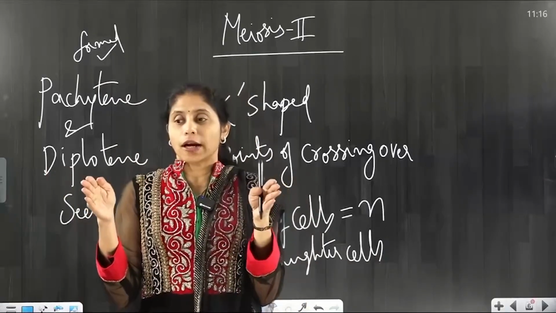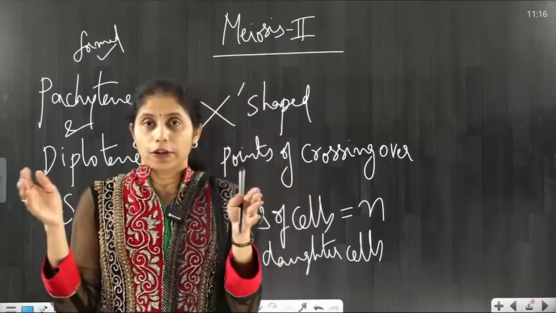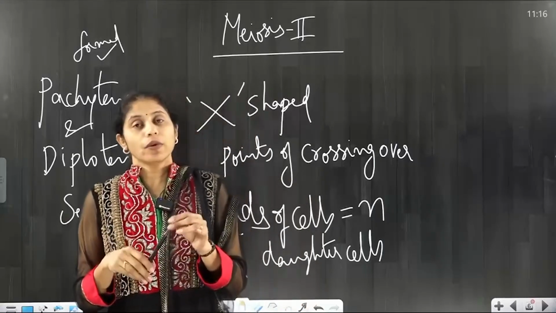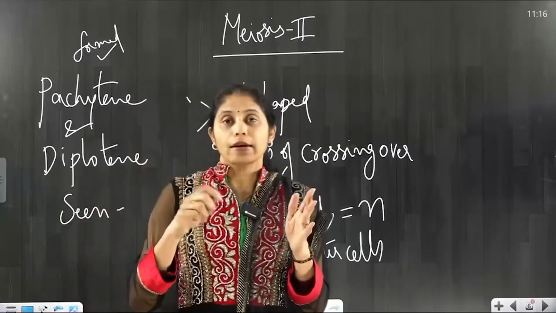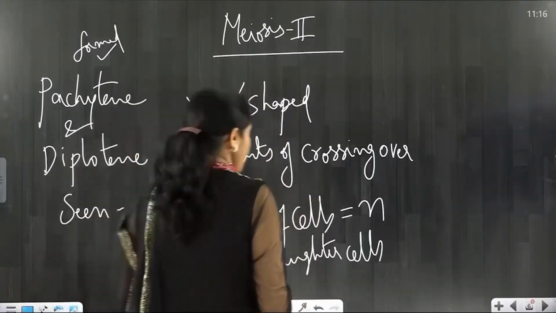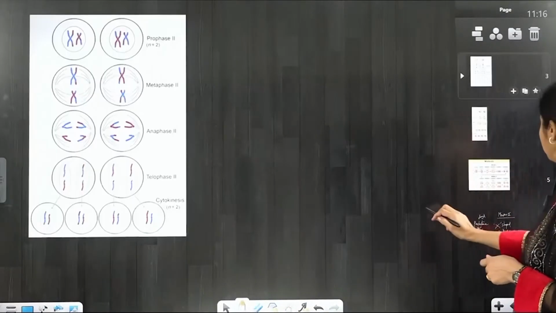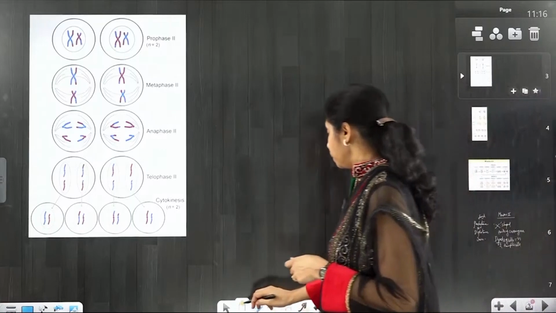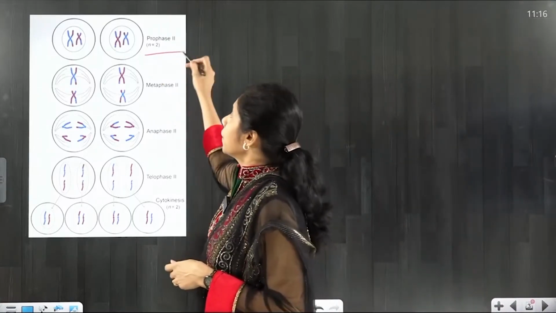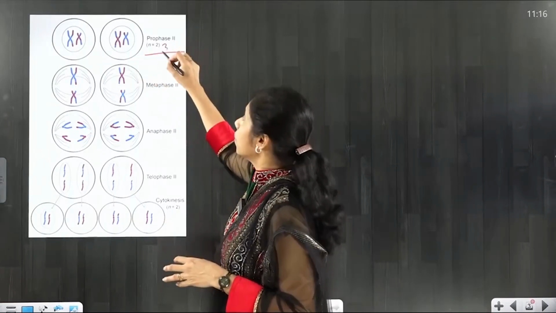Now further condensation will begin in prophase 2 for the chromatin, and they will become the chromosomes. And here each chromosome will have two chromatids, because it is like normal mitosis. That condensation will proceed, and you can see here in prophase 2 we have taken n is equal to 2, but you can imagine n is equal to 23.